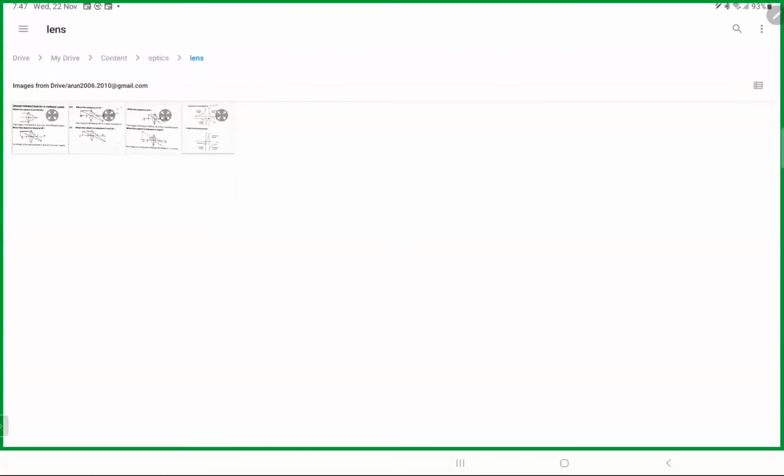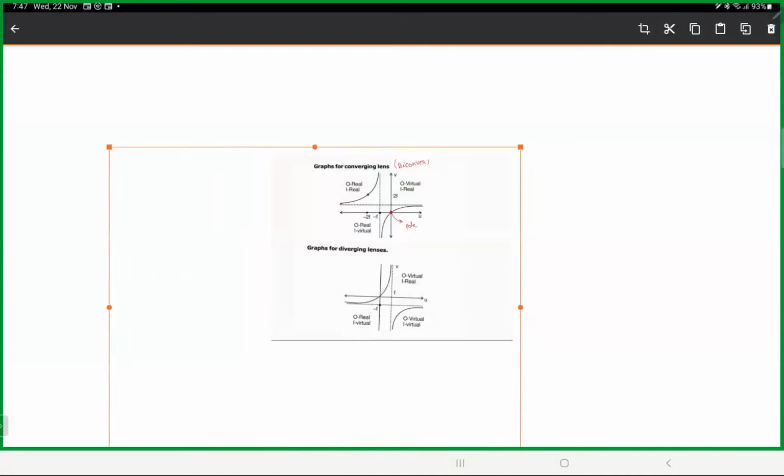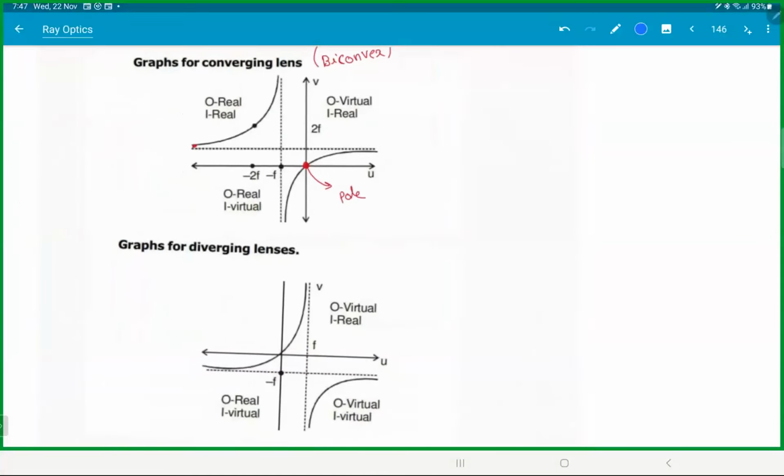Then if you try to look at the graphs, these are the graphs. We have done similar graphs in mirrors also. Check out the graphs.